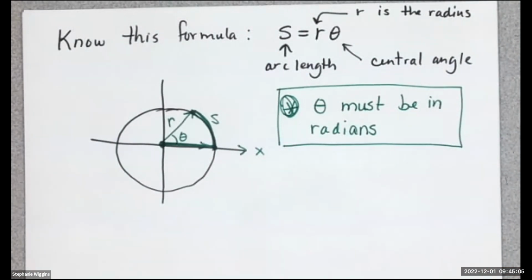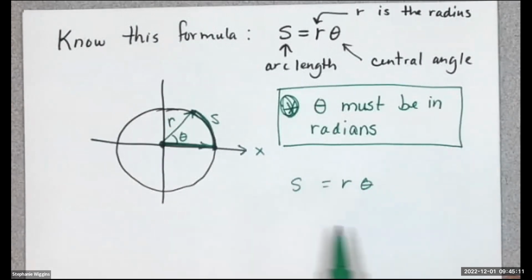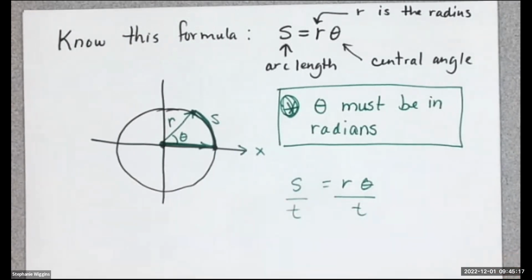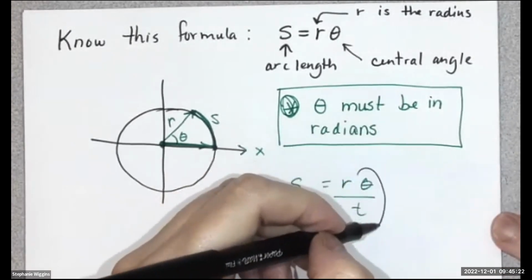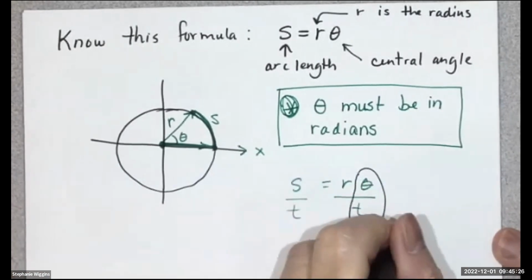Now, from this formula, S equals R theta, you can divide both sides by T, which is time, okay? And that introduces a new idea of theta divided by T. So that is angular speed.